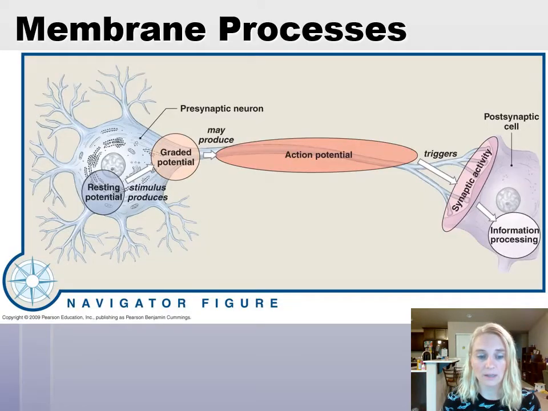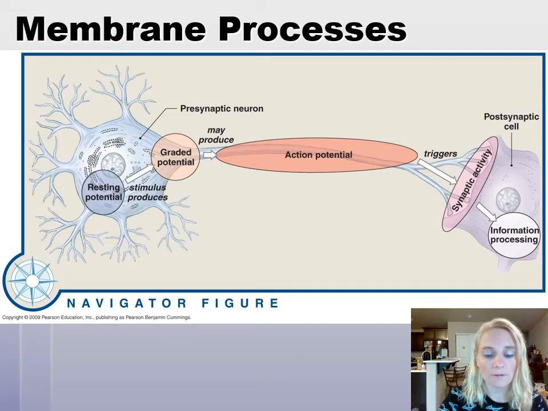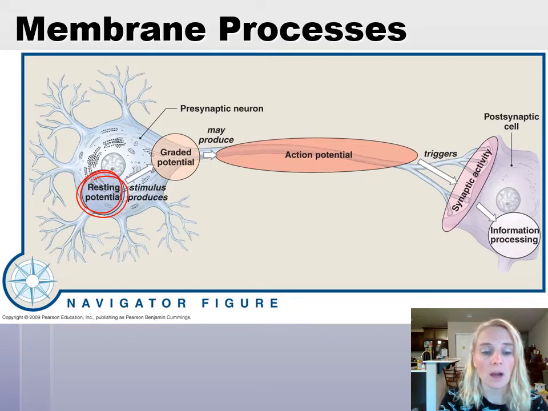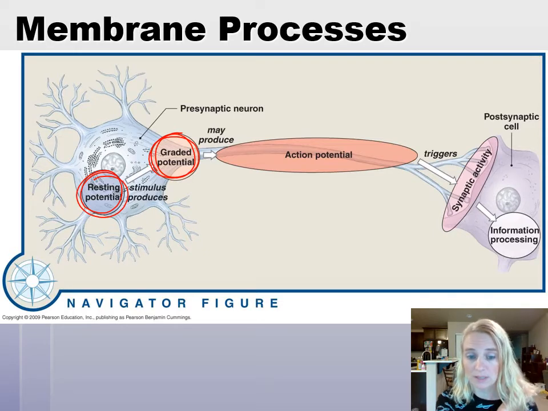So again, here is our navigation picture. We've already covered our transmembrane potentials. You can go back and review that if you're still a little bit unsure as to the sodium-potassium environment of the membrane. The last video was our graded potentials, which happen on the cell body and dendrites because of the chemically gated channels.